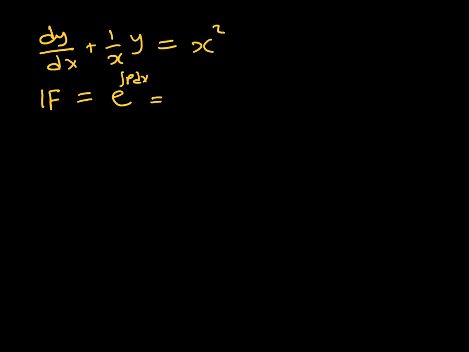But the integral of P has given us the natural logarithm of x. So the integrating factor is just e to the power natural logarithm of x. And this is simply equal to x. Why?